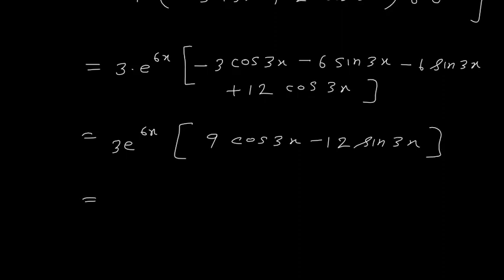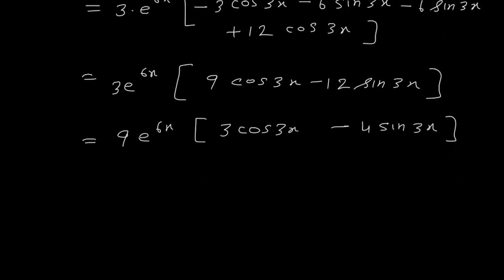So I can take 3 common again. So 3 times 3 is 9 e power 6x, and here we have 3 cos 3x minus 4 sin 3x. This is the value of d square y upon dx square.